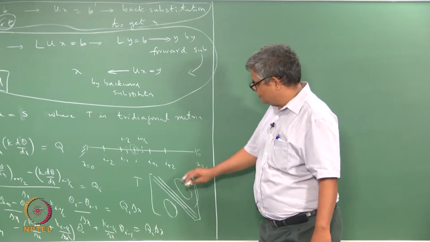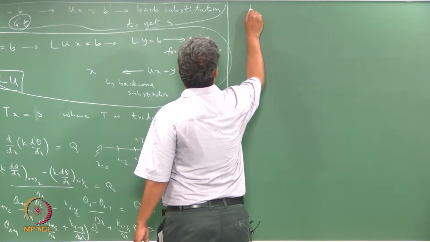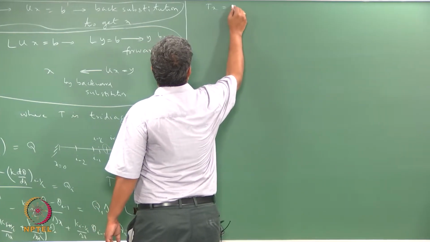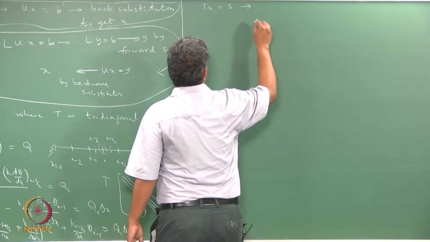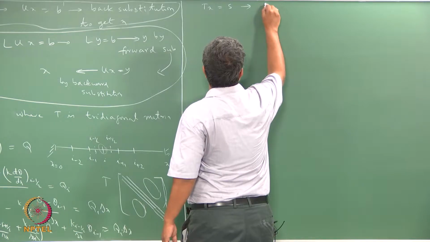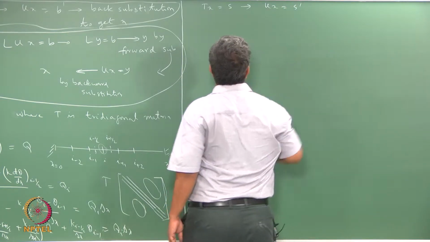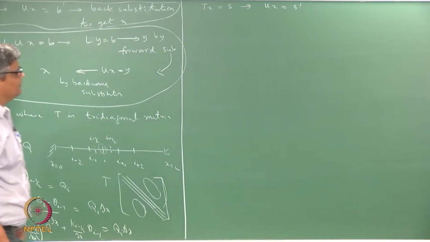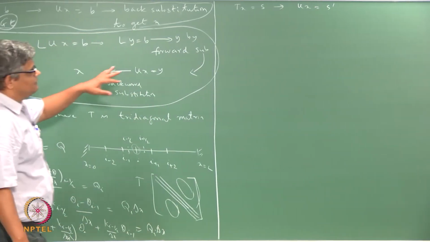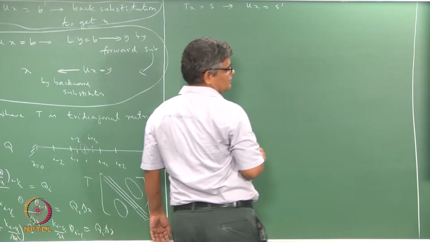Okay. So, with these kind of conditions, what we would like to do is to convert Tx equal to S into an upper triangular matrix of the form Ux equal to S prime, in such a way that this upper triangular matrix will only have 2 diagonals.